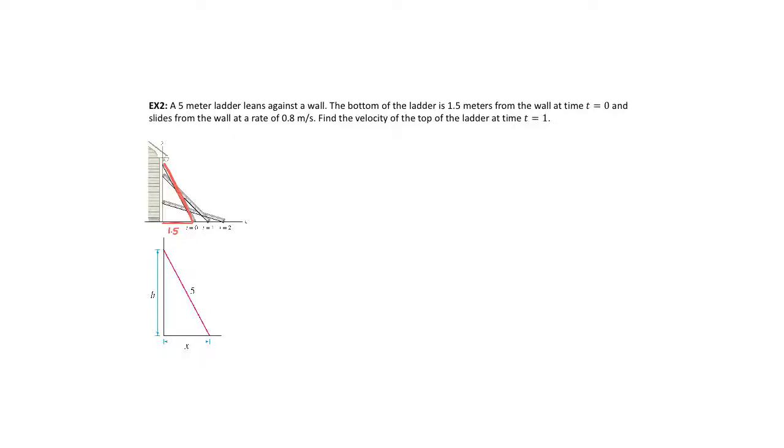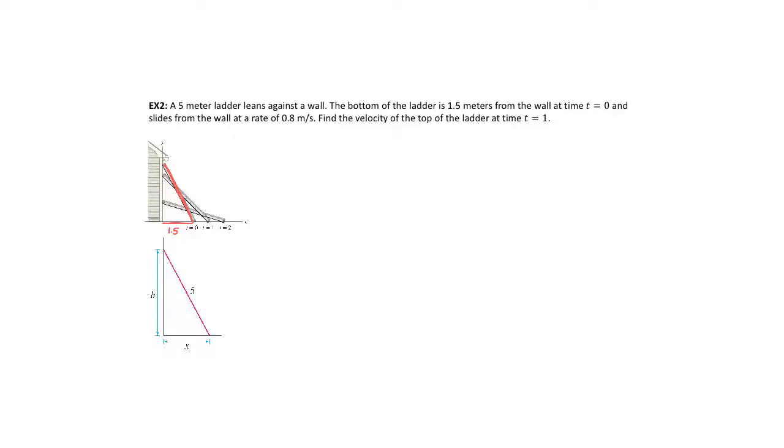So imagine the ladder sliding and sliding. First, the initial position, and then the top is going down and down because the ladder is sliding away from the wall. The question is to find the velocity of the top of the ladder at time t equals 1. Something very important to figure out here is that the top of the ladder is moving down, the bottom is moving away from the wall.